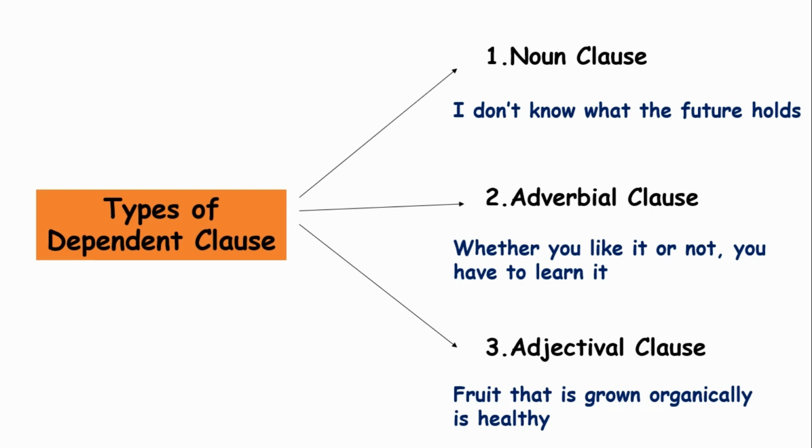I'm going to deal with that question when we deal with adjectival clauses separately. Have some patience. So these are the three types of dependent clause we have. First one is noun clause, second one adverbial clause, and third one adjectival clause. Now let us practice.